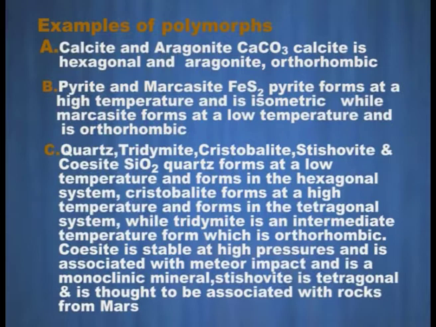Cristobalite forms at a high temperature and crystallizes in the tetragonal system, while tridymite is an intermediate temperature silica form which crystallizes in the orthorhombic system. Coesite is stable at high pressures, is associated with meteor impact, and is a monoclinic mineral, whereas stishovite is tetragonal and is thought to be associated with rocks from Mars.